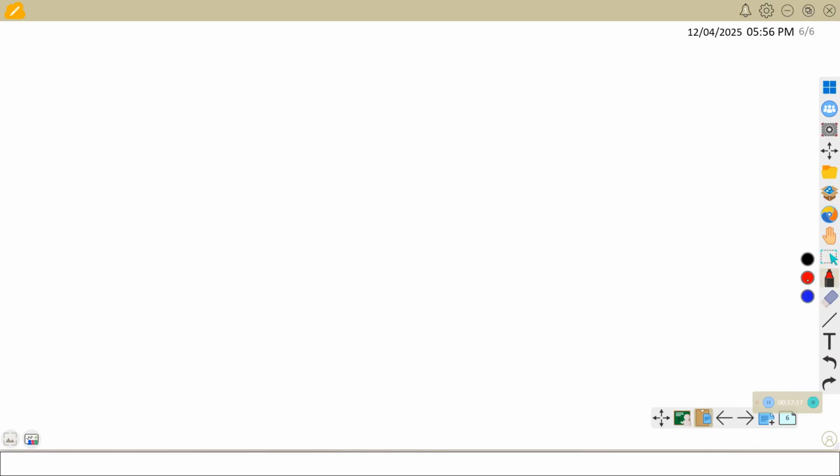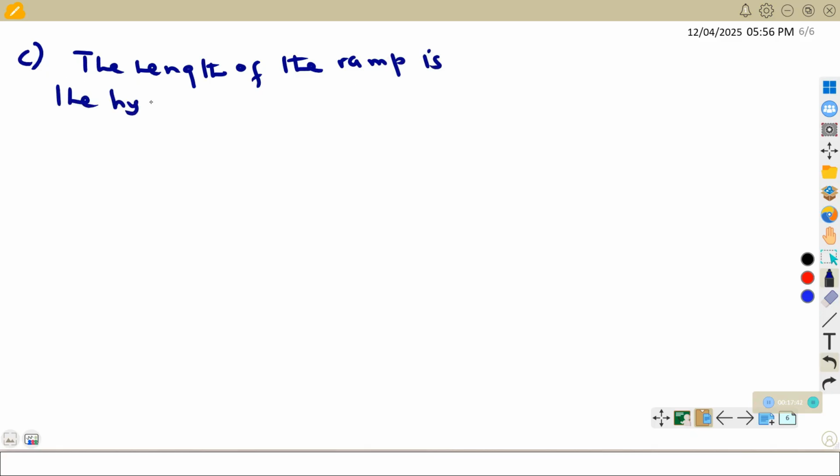That is part C. So for C, we are interested in the length of the ramp, and we shall be saying that the length of the ramp is the hypotenuse L of the right angled triangle.